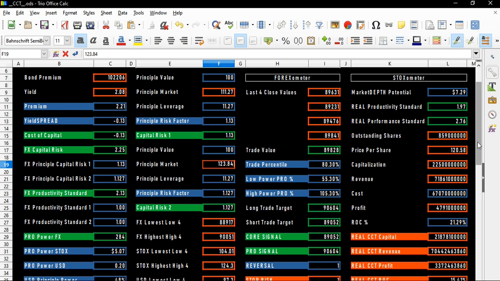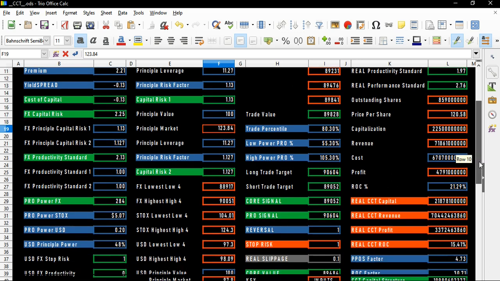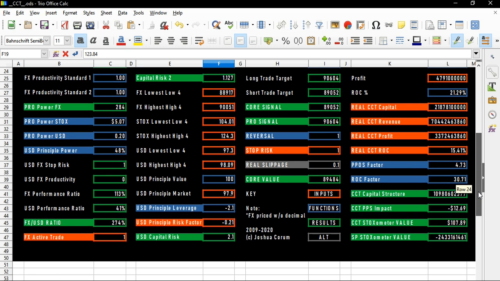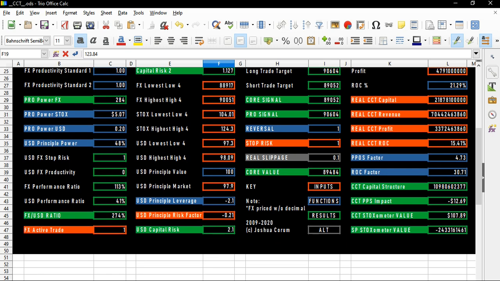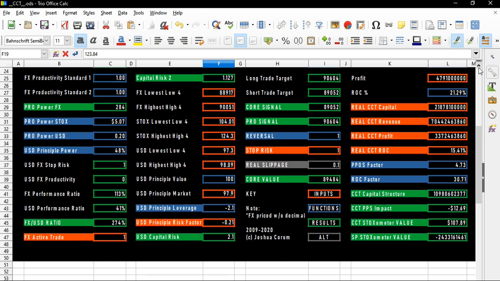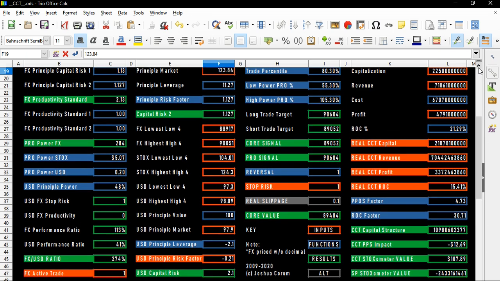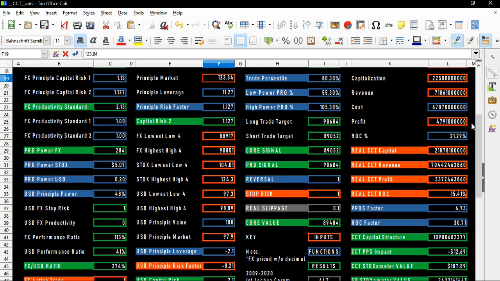But when I go through my capitalism theorem, that's not what UPS's real numbers are. Their real numbers are this. Real Quorum capitalism theorem capital is only worth $21,878,000,000. All right?